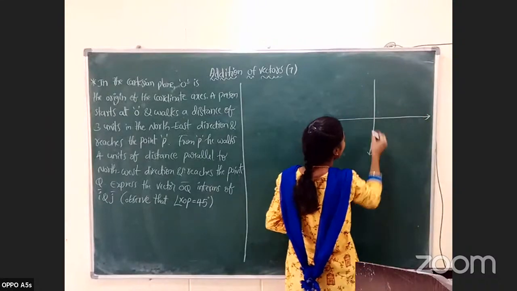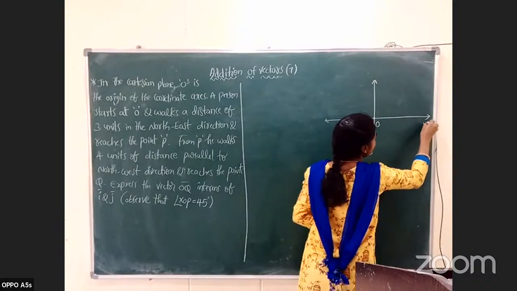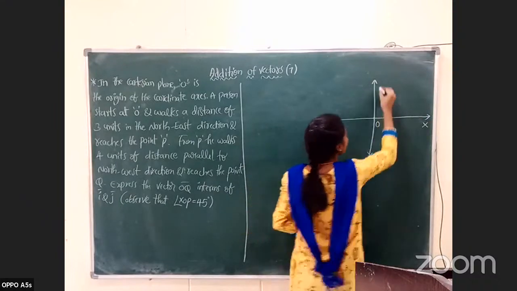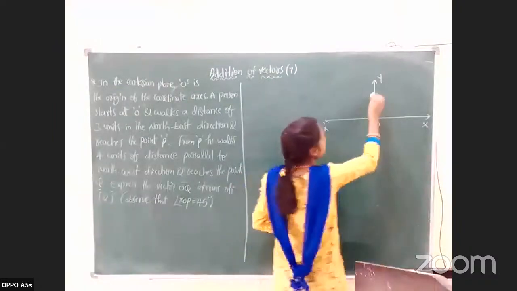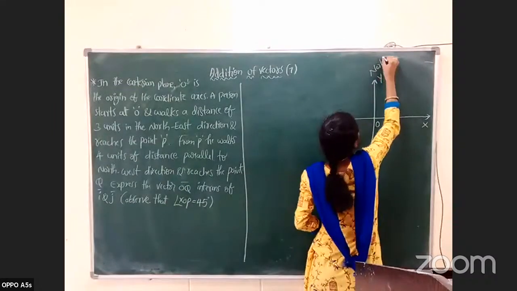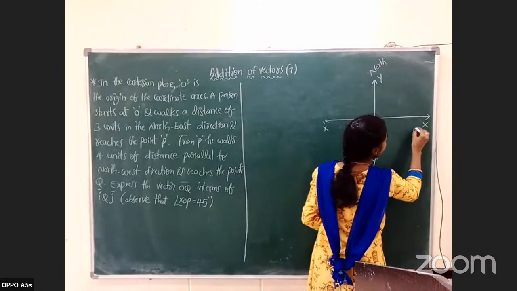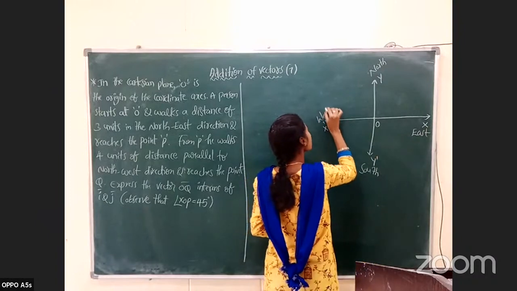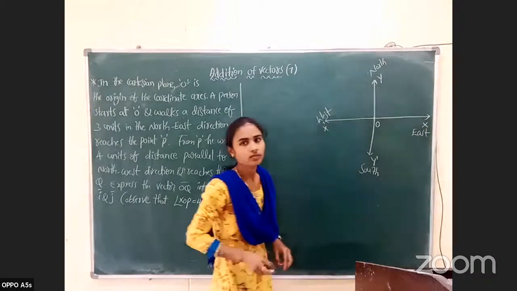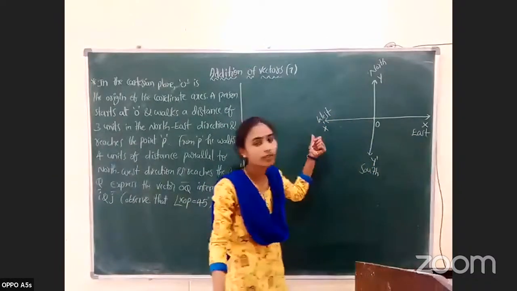It has the y-axis, O as origin, the x dash axis, and the y dash axis, which is nothing but the north direction, south direction, east direction and west direction.